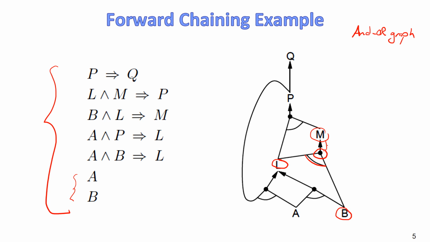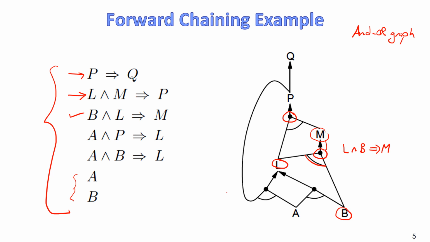So this one means that L and B implies M, which is this one. Another one, this one: L and M implies P. And this is the one: L and M implies B. This one is P implies Q, which is this one, and so on.